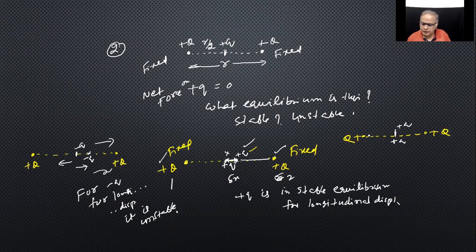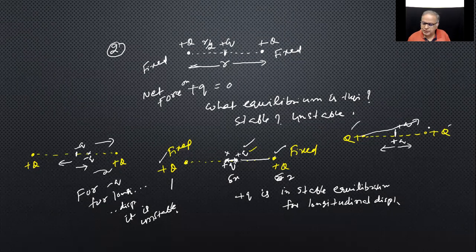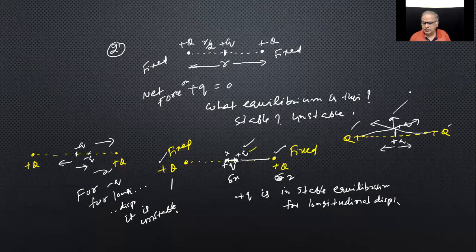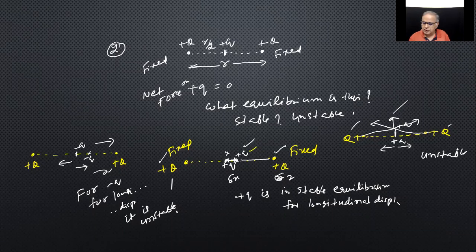Look, previously here this was being repelled by the two charges equally. Now I moved it slightly like that. Repulsion, there will be further repulsion. So if I displace it like this, it will further move away like that. So this is unstable. Unstable for what? Transverse displacements.